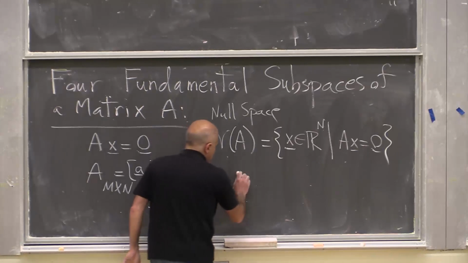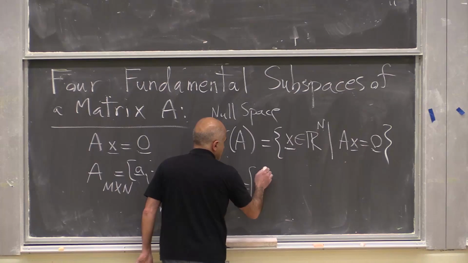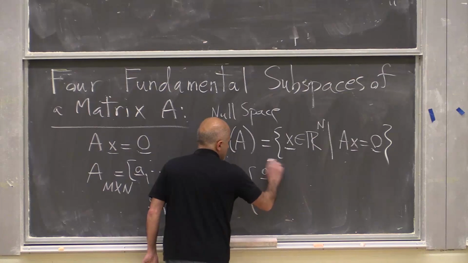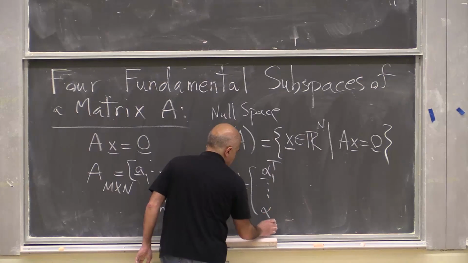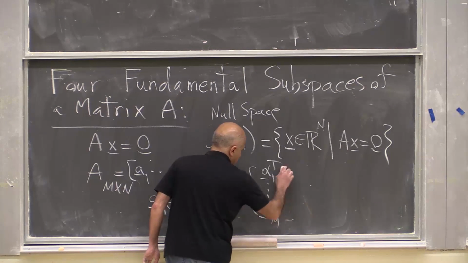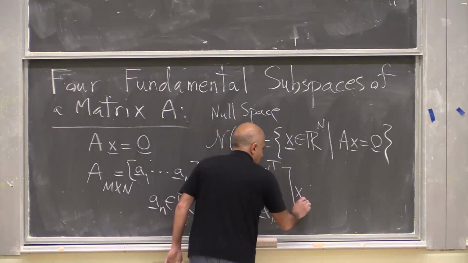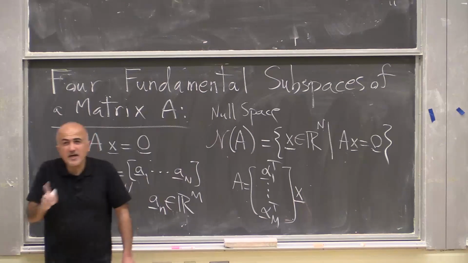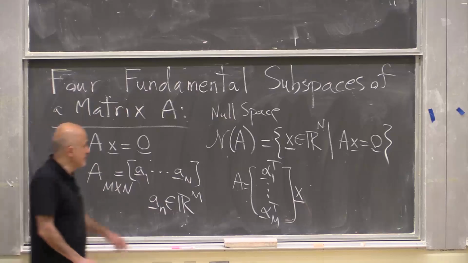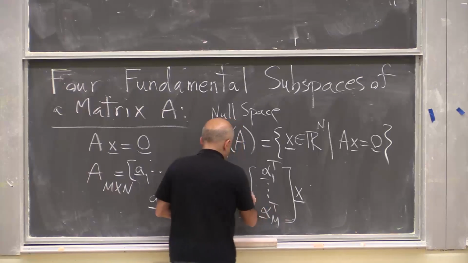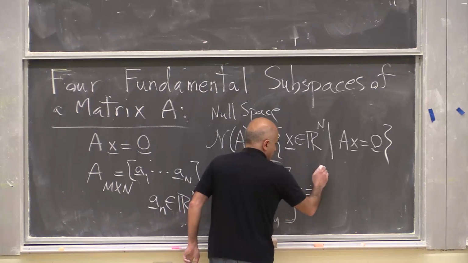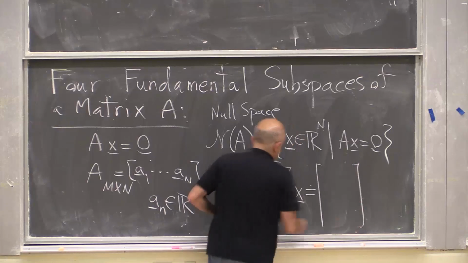So now, what if you look at A in terms of its rows? I'm just going to stop at the null space, and then we'll deal with the rest later. So if a vector x is in the null space, and I look at A in terms of its rows, what does that say about Ax? When Ax is equal to 0, first of all, what is Ax?